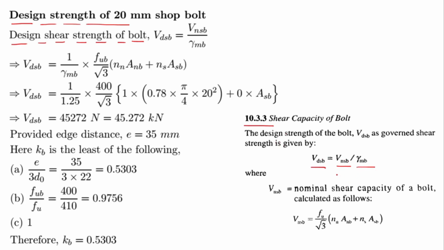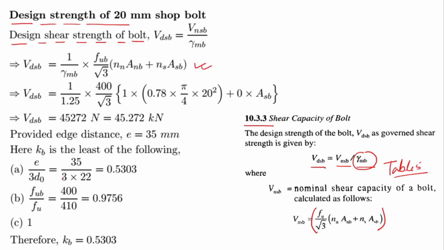Again V NSB, which is the nominal shear capacity, will be replaced by this expression, and here gamma MB is the partial safety factor, and its value is taken from table 5 of IS 800.